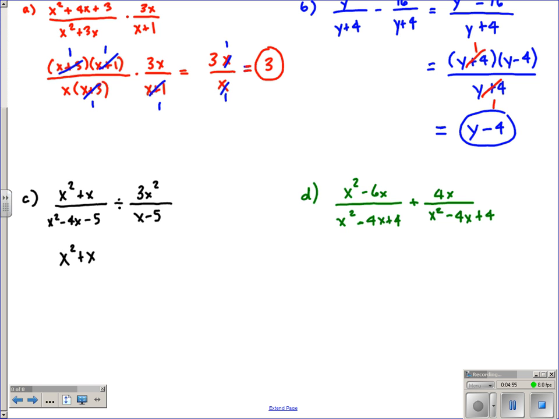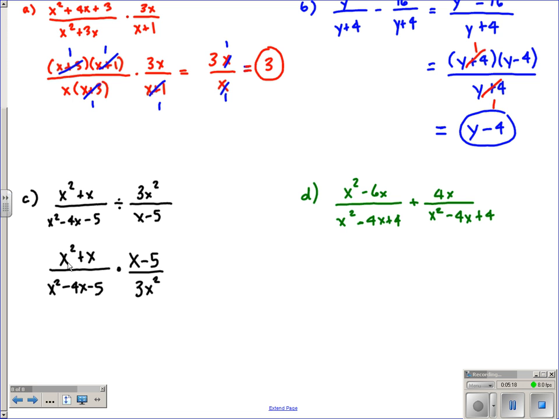Our first fraction is not going to change. We multiply by the reciprocal of our second fraction. We don't ever flip the first, just the second one.